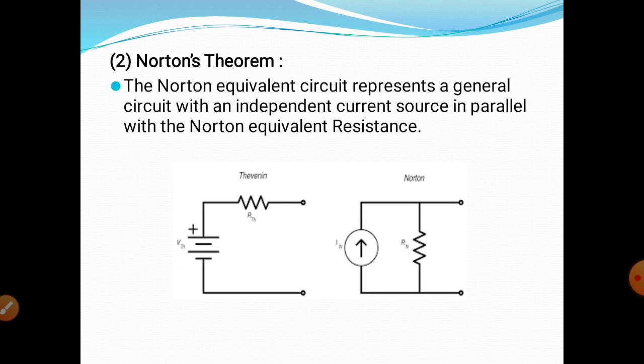In Norton's theorem, we have to find the value of IN and RN, and we have to substitute the values in the equivalent network.